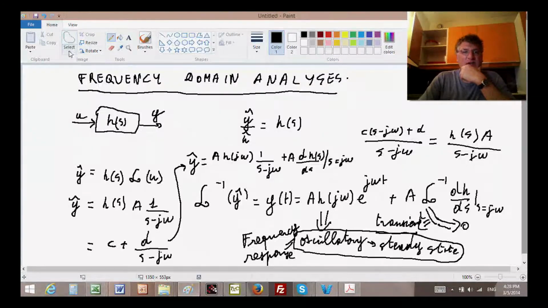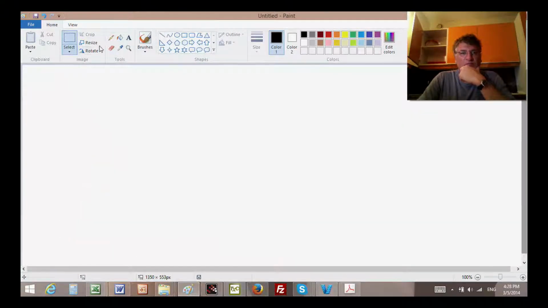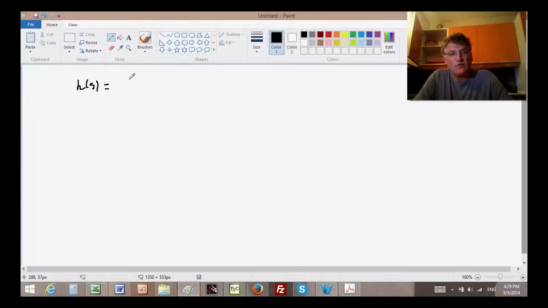So let's see how that works for a particular example. For that, let's pick a simple system. For example, h of s is equal to 1 over s squared plus 2s plus 1.